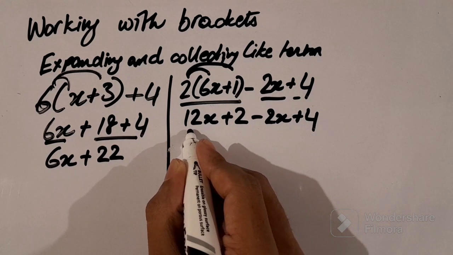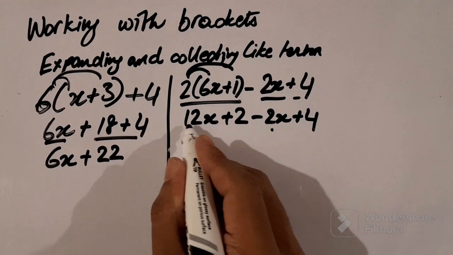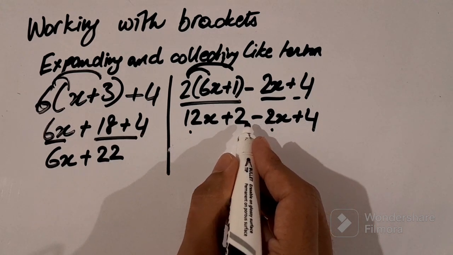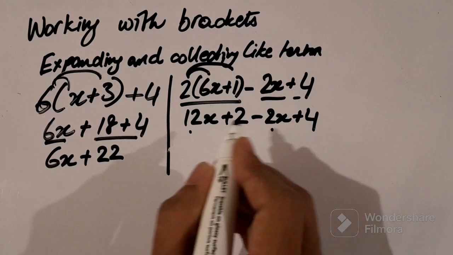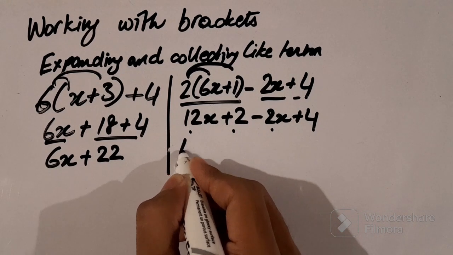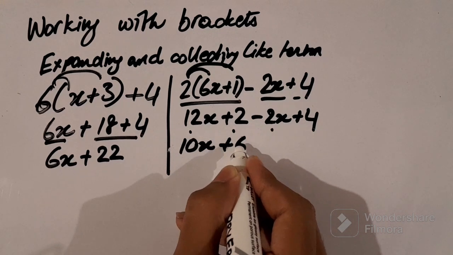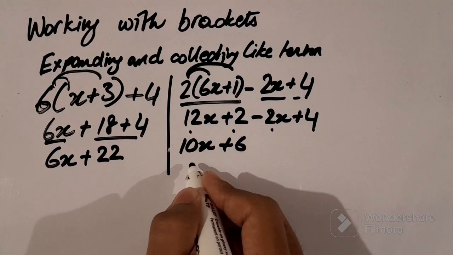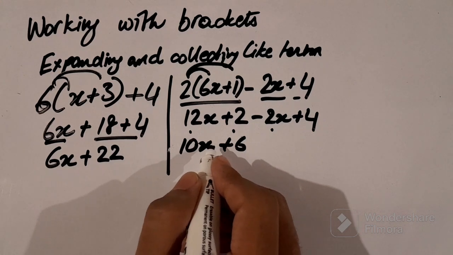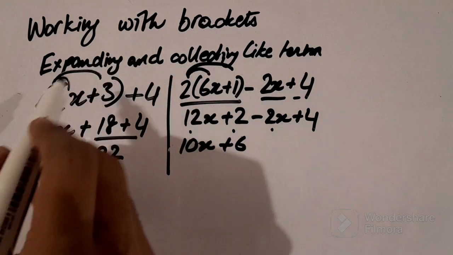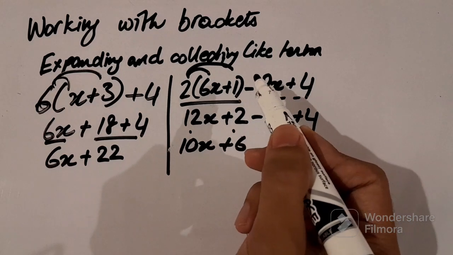So we will add 12x with minus 2x, and plus 2 with 4. So this will be 10x and 2 plus 4 is plus 6. So the answer will be 10x plus 6. So this is how we will be working with brackets and expanding and collecting like terms.